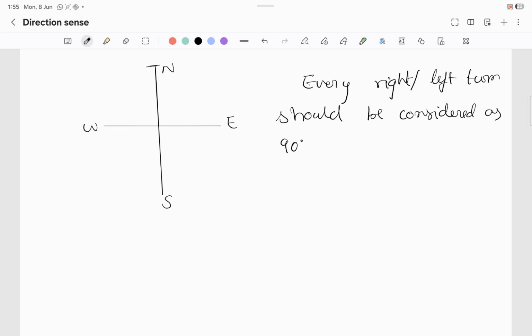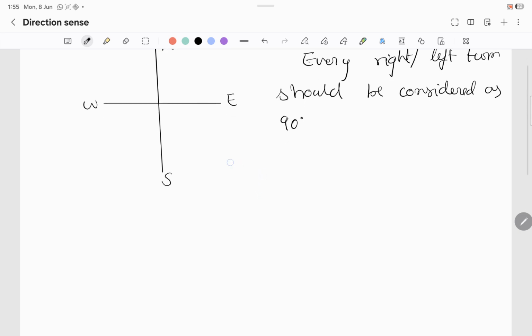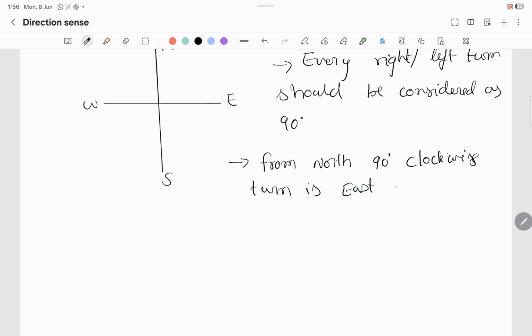So from north, a 90 degrees right turn, that is clockwise, leads to east, and 90 degrees anti-clockwise turn leads to west.